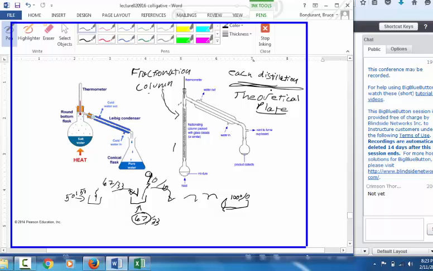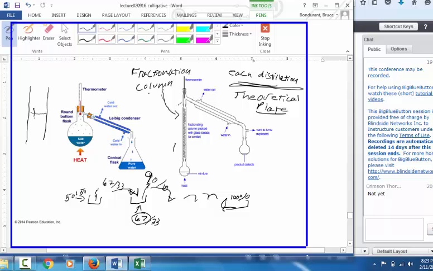And in reality, in refineries, they actually do have theoretical plates. They have a fractionating column. If you go to an oil refinery, the first thing you'll see are these big, huge towers. Those are fractionating columns, and they're really divided into layers of plates. So on one plate, you'll have a certain temperature.